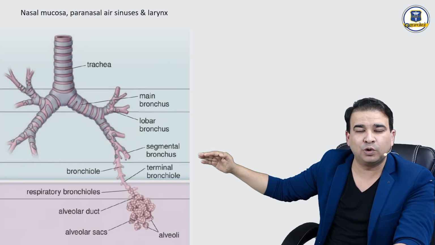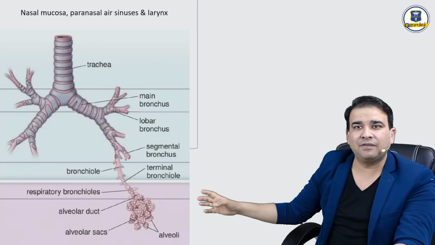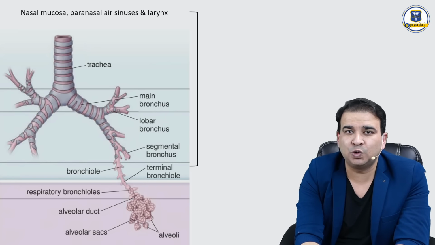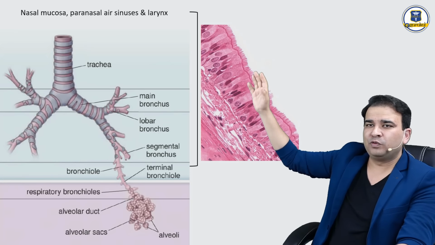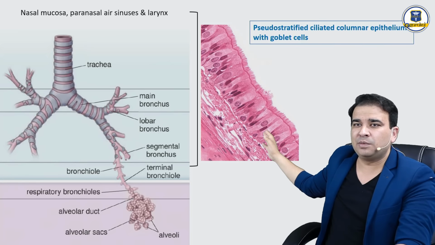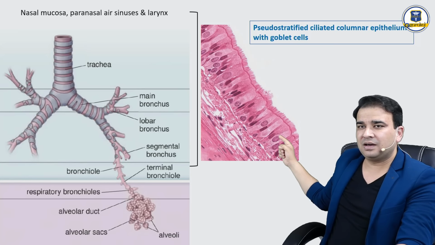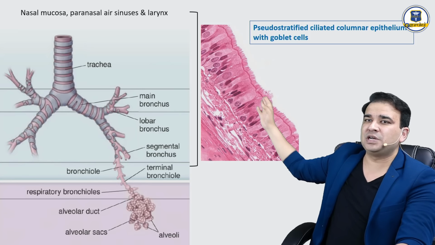All these, starting from the nasal mucosa, have the typical respiratory epithelium, and that is pseudo-stratified ciliated columnar epithelium. Look at this beautiful picture of the pseudo-stratified ciliated columnar epithelium, where you have all these different levels of nuclei, giving an appearance of false stratification. Obviously, cilia can also be appreciated.